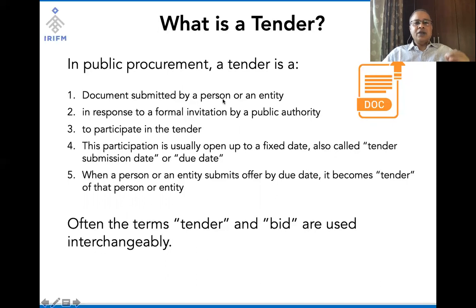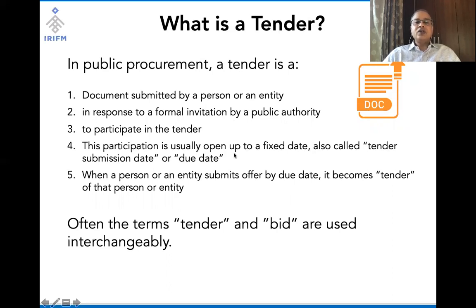In public procurement, a tender is a document submitted by a person or an entity in response to a formal invitation by a public authority. Only when the public authority calls for tender do I put in my bid, right? So a tender is a document submitted in response to a formal invitation by a public authority to participate in a tender.